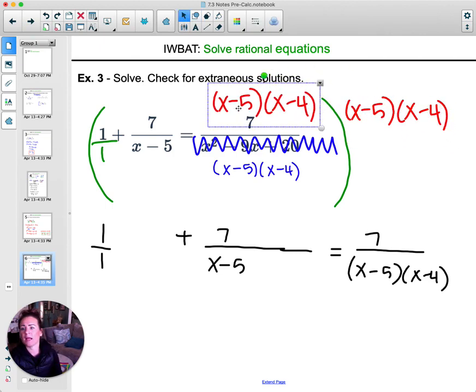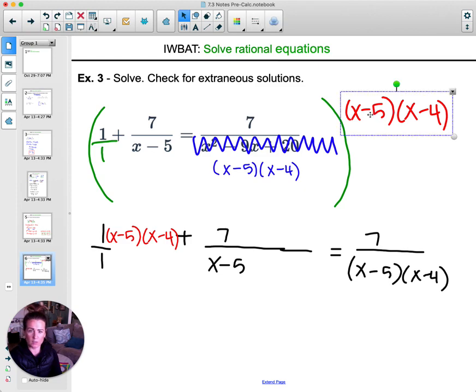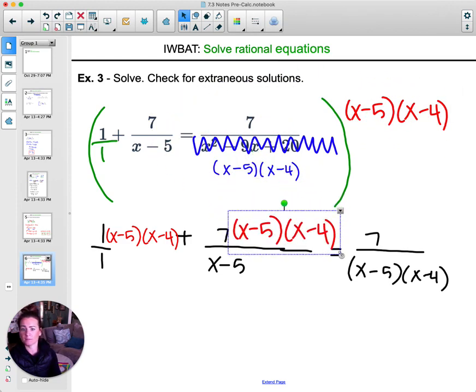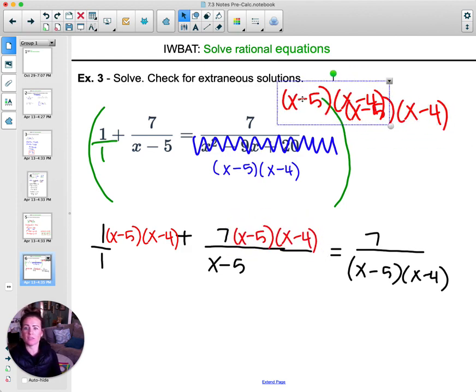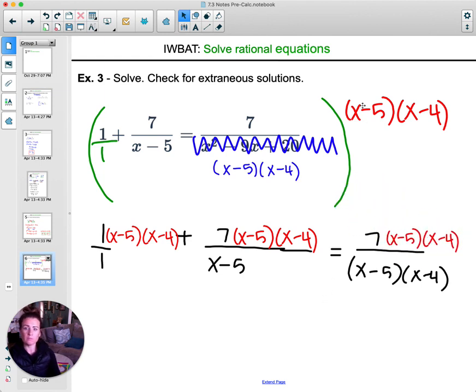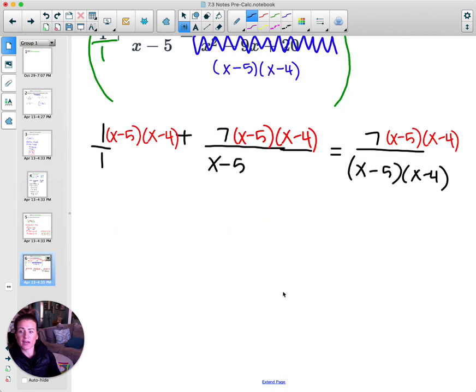So we're going to multiply this into the first part. Okay, we're going to take this and multiply it into the next one. Okay, and then we're going to multiply it into this final one. So distributing it to all three of those. So I just multiplied it here, here, and here. So now we'll go through and simplify.